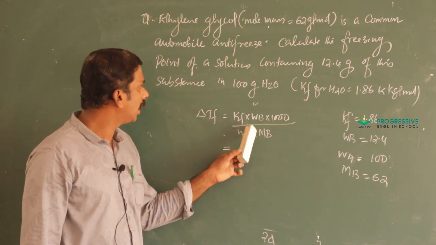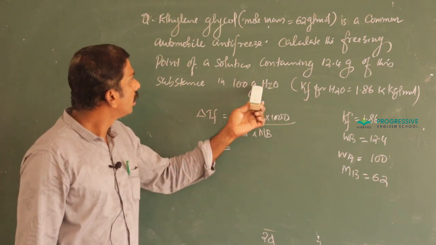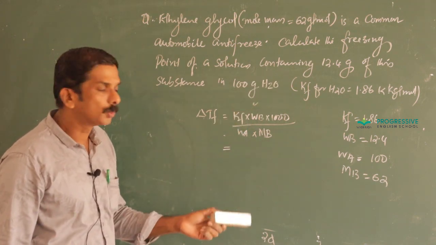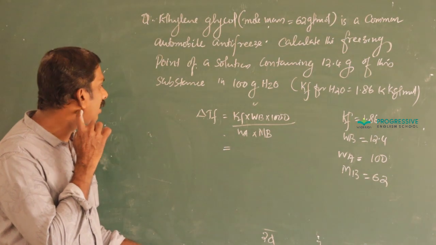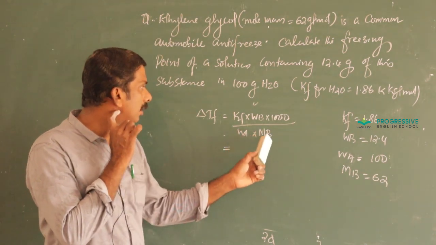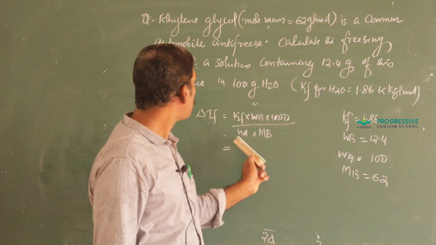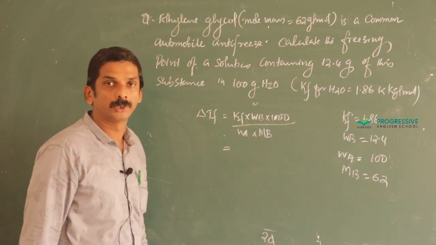Just substitute these values and you get delta Tf. When you get the value of delta Tf, you know the freezing point of water is 0 degrees Celsius or 273 Kelvin. Just subtract this delta Tf from 273, you get the freezing point of that solution.